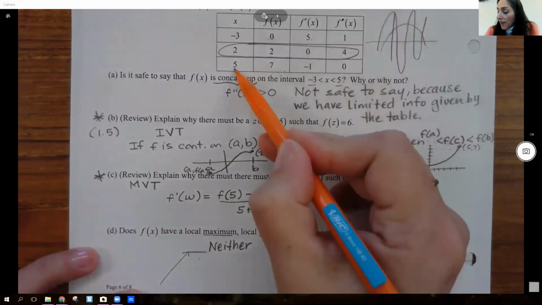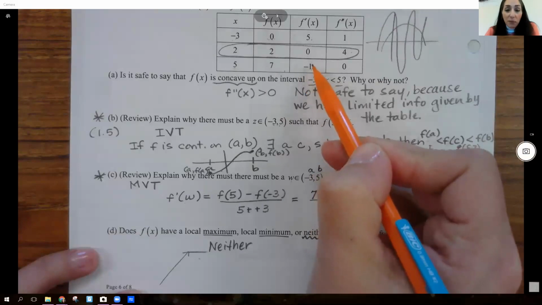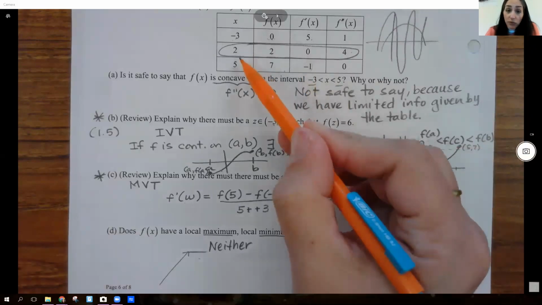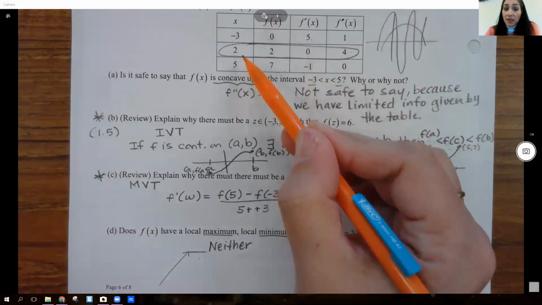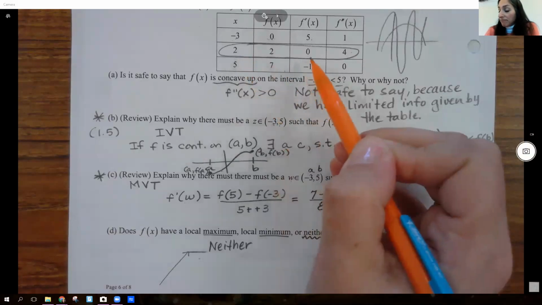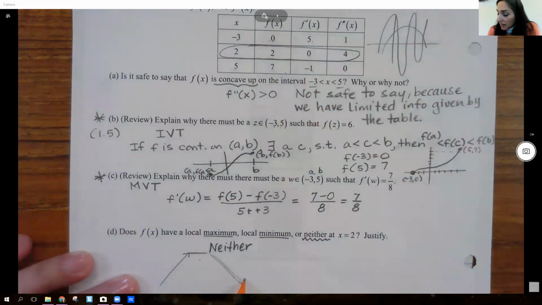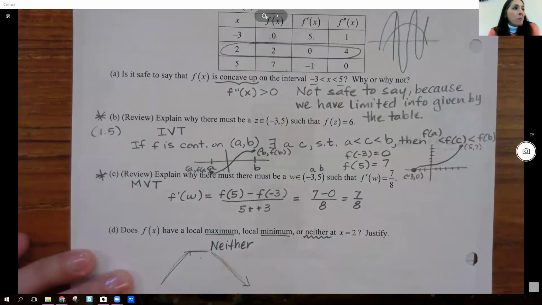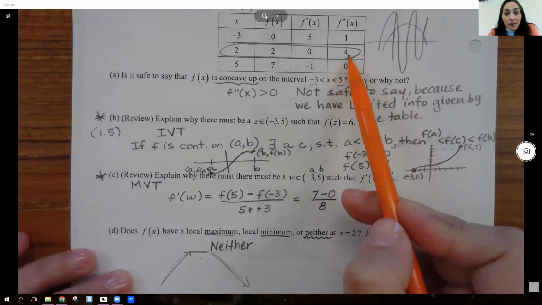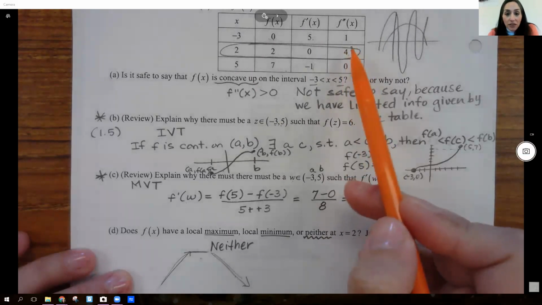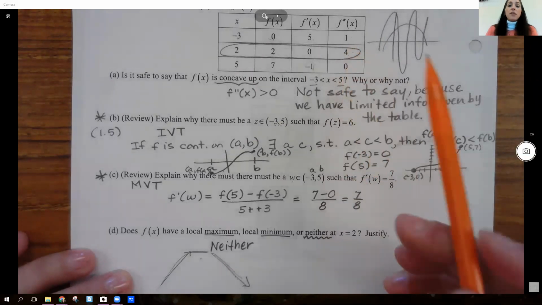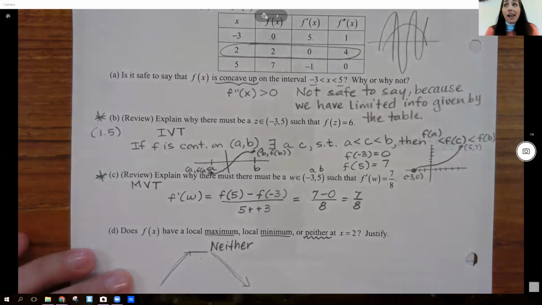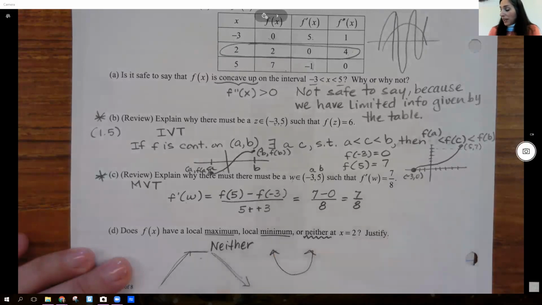And then at 5, which is a ways away from 2, it's not close by any means, you're negative again. So it looks like it's going up, then flat, and then coming back down. But then if you look at the second derivative, you're getting a positive answer. And remember from yesterday, that controls concavity. If you get a positive answer for the second derivative, that means you're concave up. So these are contradicting each other, okay?